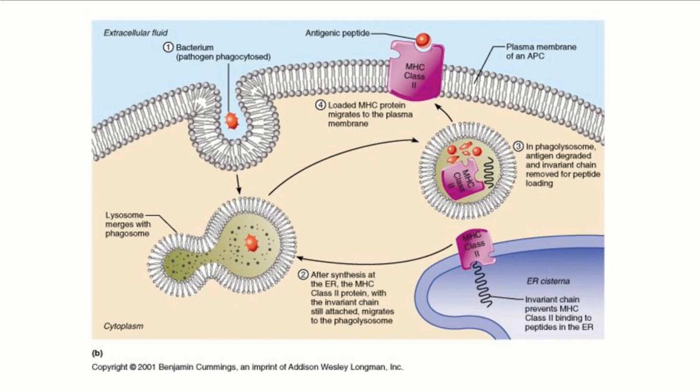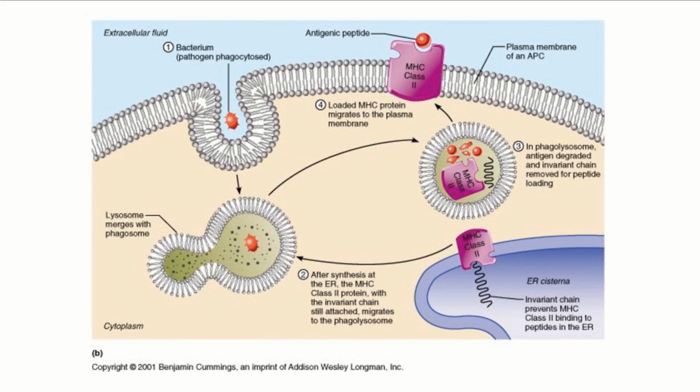So MHC class 1 is an antigen carrying protein, and that is found on body cells. So any body cell is going to have MHC class 1. The only body cells that will not have MHC class 1 are red blood cells, and they have a whole different thing, so we're not going to worry about them right now.